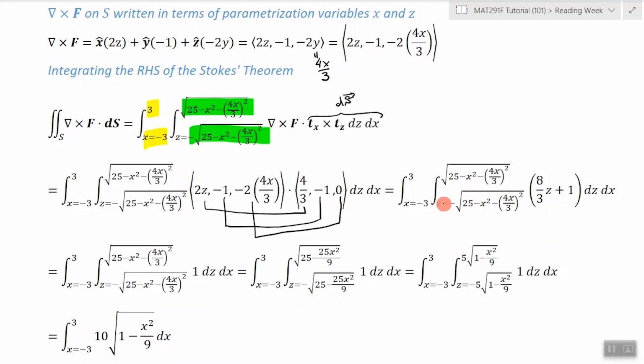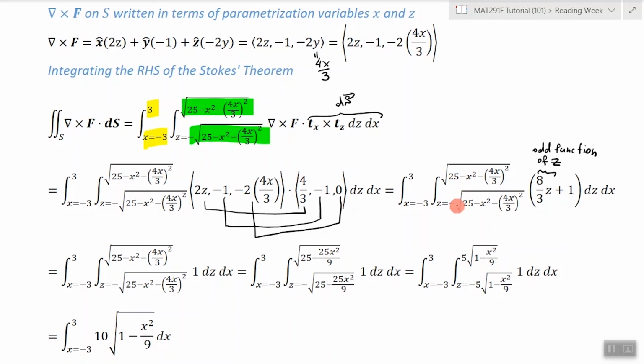Next, I realized that this function is an odd function of z. Remember, we're integrating first over z. So odd function of z. And this interval is symmetric around z.